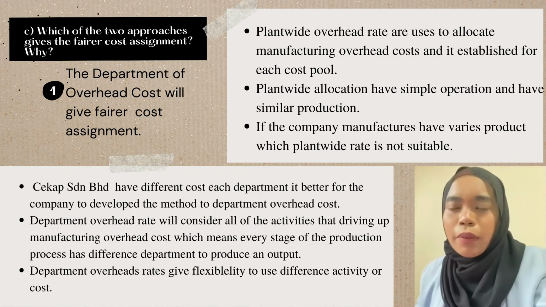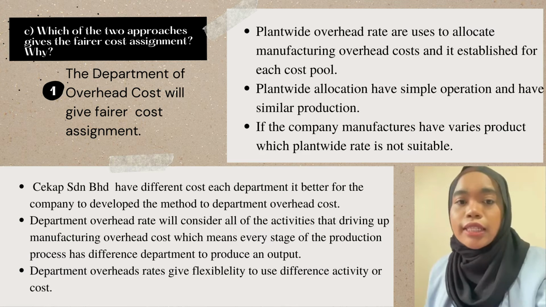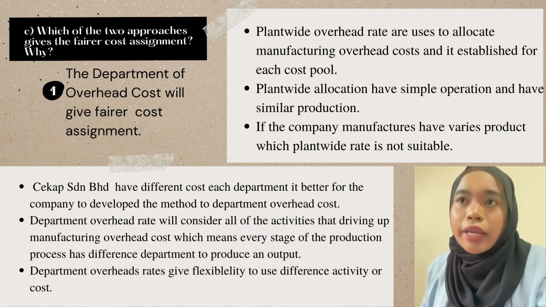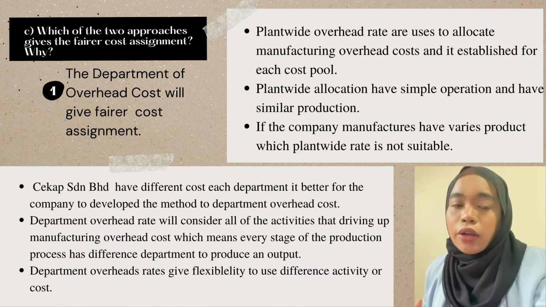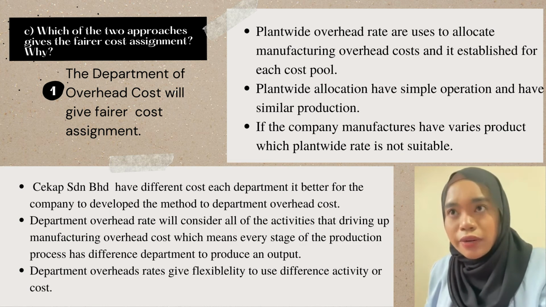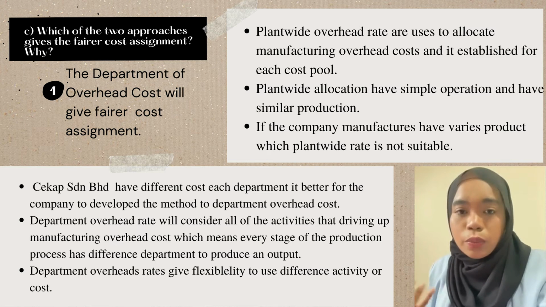So for me, I'm going to say that the department overhead rate will give fairer cost assignment. Why I'm going to say this is because plant-wide overhead rate is usually used to allocate the manufacturing overhead costs, right? So it's also established for each cost pool.